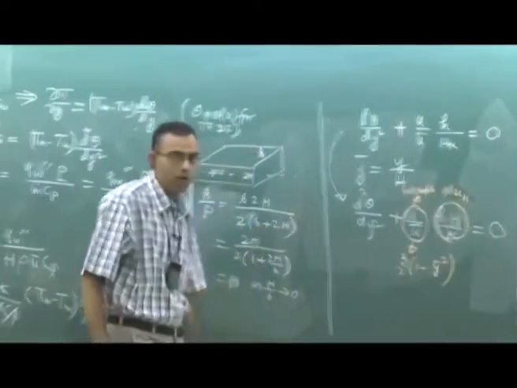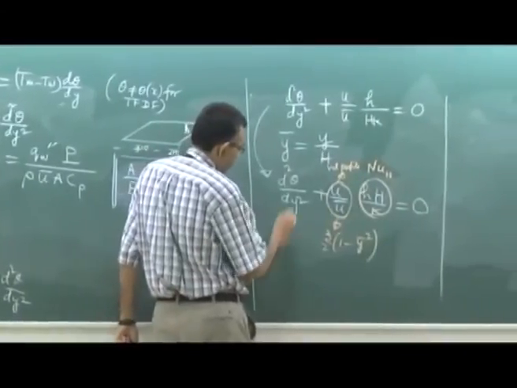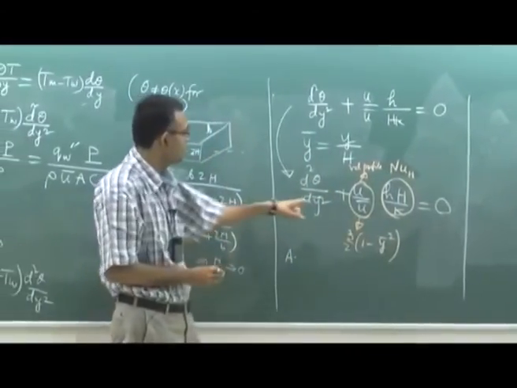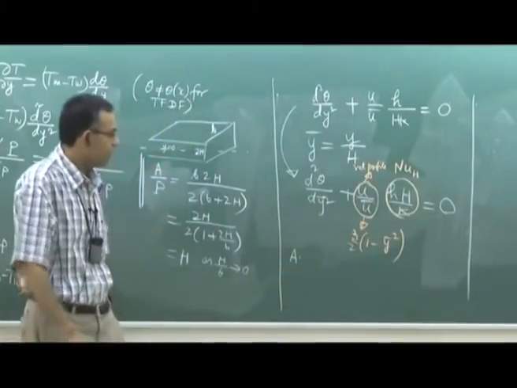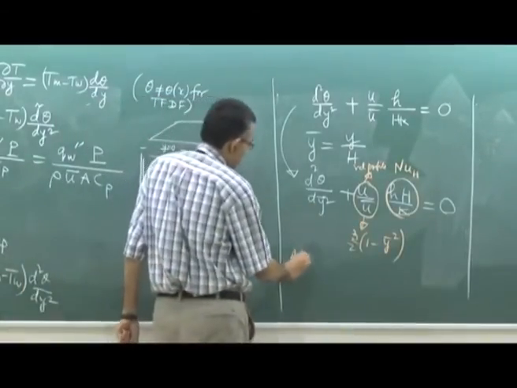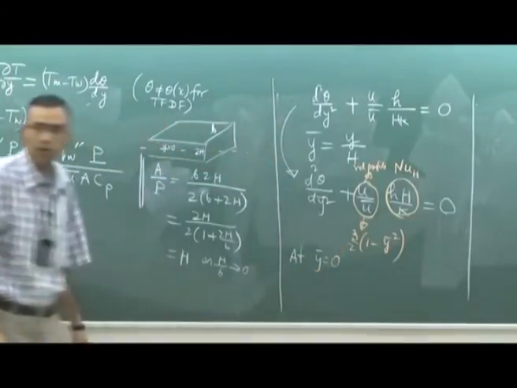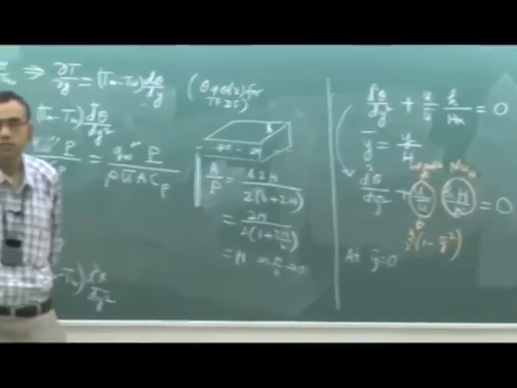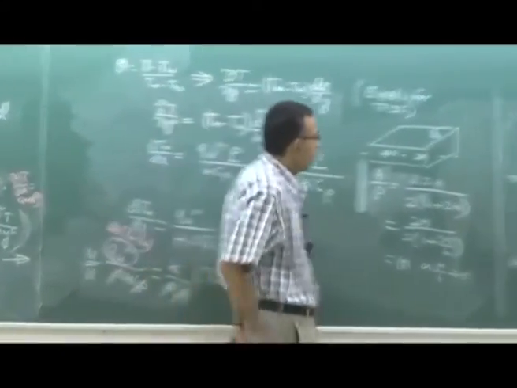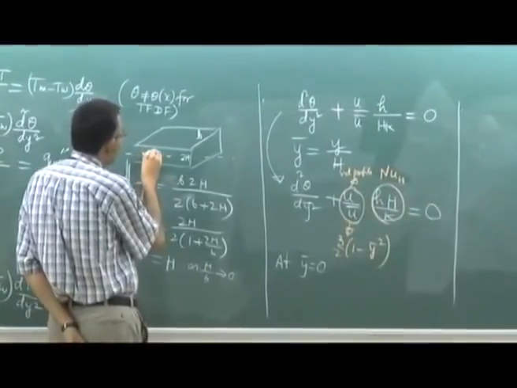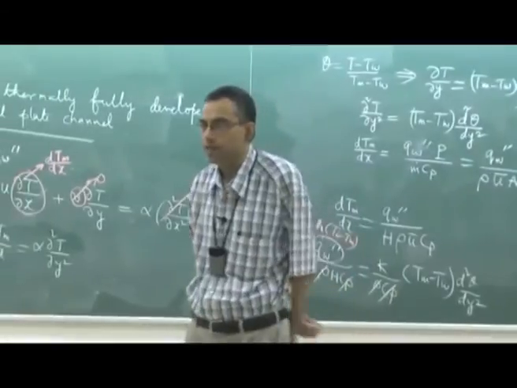So now what are the boundary conditions? This is y bar, this is non-dimensional y. What are the boundary conditions? At y bar equal to 0, what is the boundary condition? Yes? y bar equal to 0 is the center line. What is the boundary condition for theta at the center line?